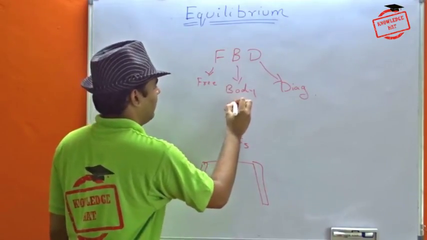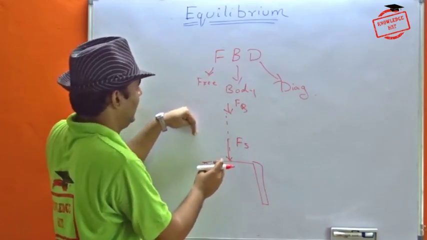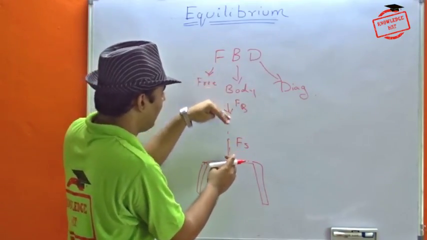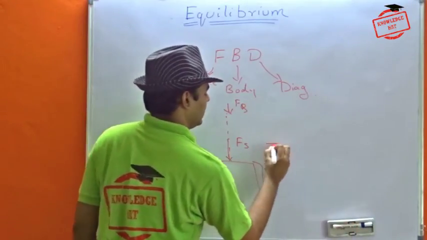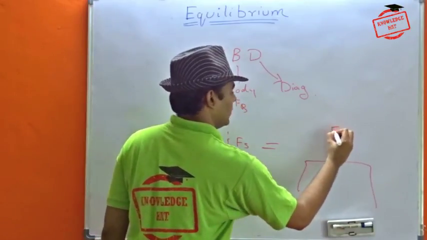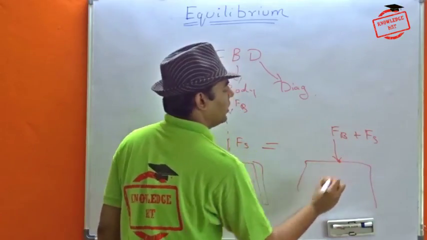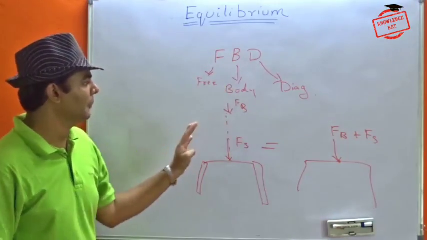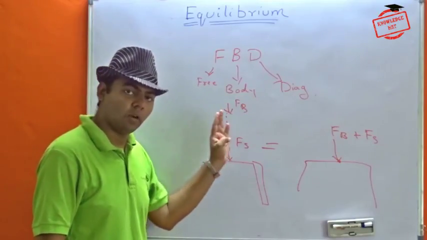So this will be Fb, and both these forces combined, if they are in the same line, there will be a combined action of these forces on the table. So what we'll get is a table with a force Fb plus Fs on the same point. So this is very important to know how to draw an FBD because this will help us in solving sums.